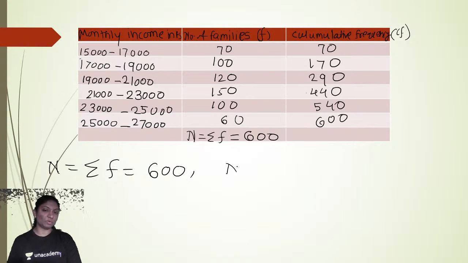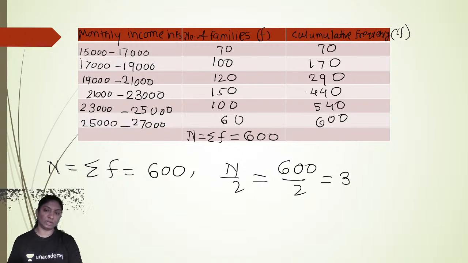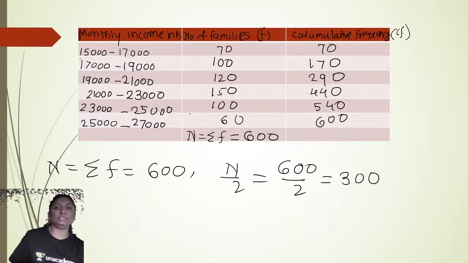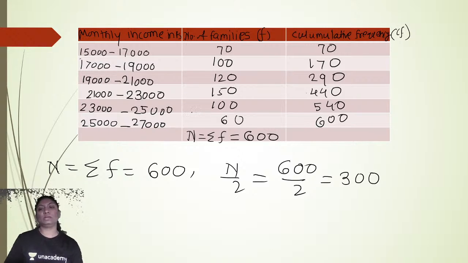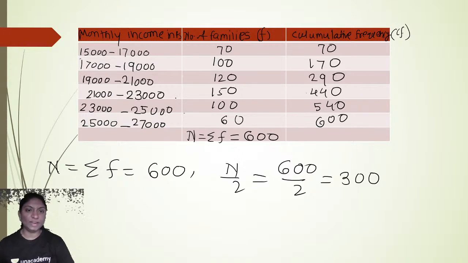So n by 2 will be what here? 600 by 2, 300. Now see which class interval exceeds the cumulative frequency 300. So here which class interval exceeds the cumulative frequency 300? That will be your median class.